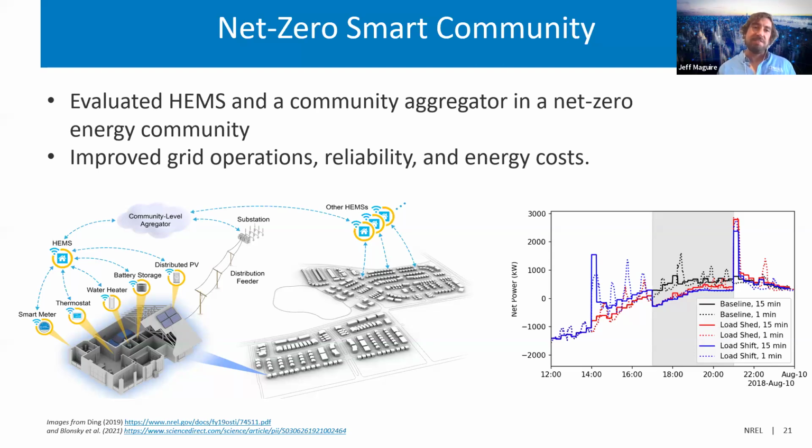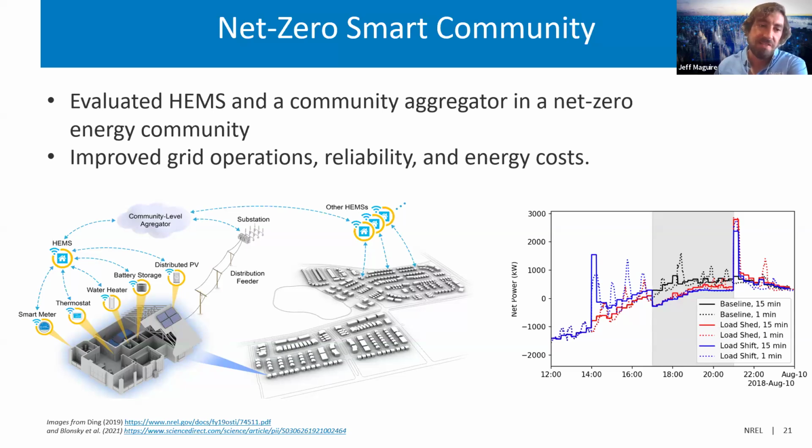We were looking at deploying the HEMS on each individual home, but also having higher level aggregator control and doing all the simulation with a grid model. So the aggregator can send signals to make sure that, say during peak solar times, we're not causing grid issues by maybe ramping up loads or things of that nature.